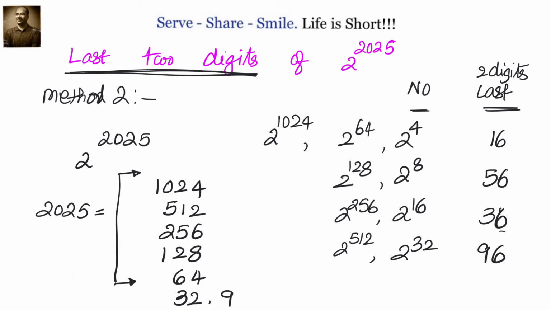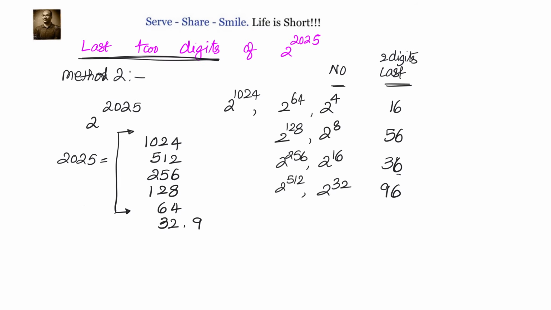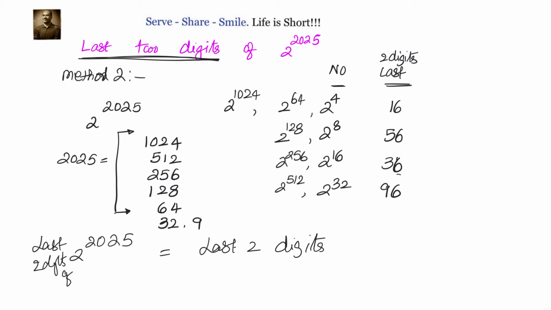Now we have written the power as a summation of some numbers. So the last two digits of 2 power 2025 will be the last two digits of 2 power 1024 multiplied with 2 power 512, multiplied with 2 power 256, multiplied with 2 power 128, multiplied with 2 power 64, multiplied with 2 power 32, and multiplied with 2 power 9. We don't know exactly what those numbers are.